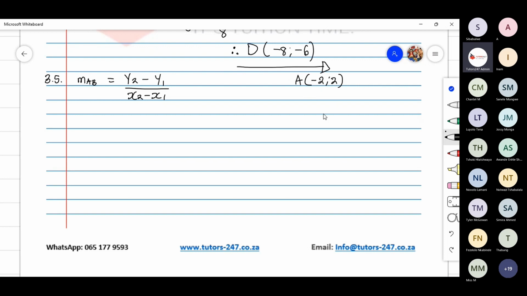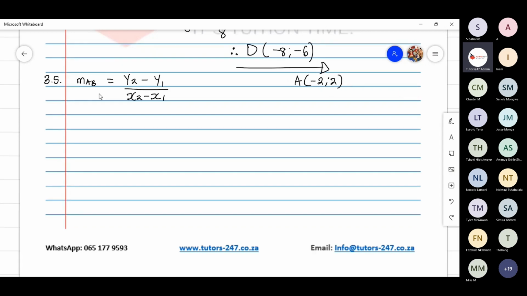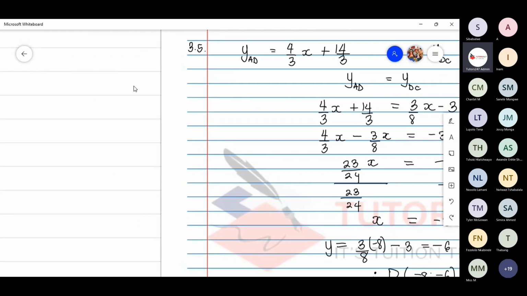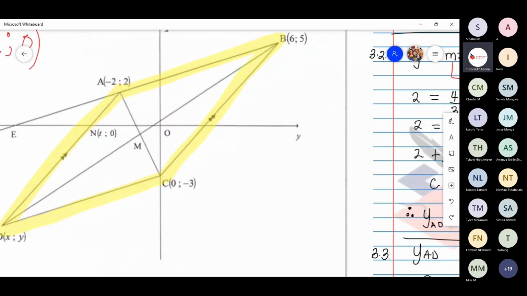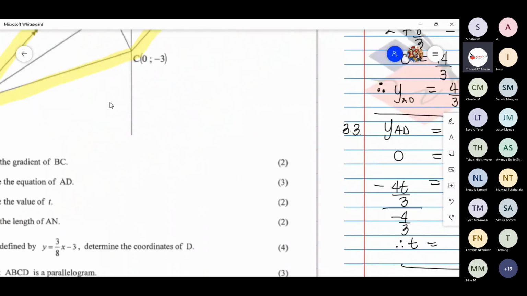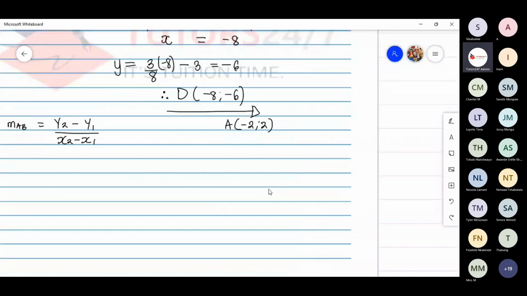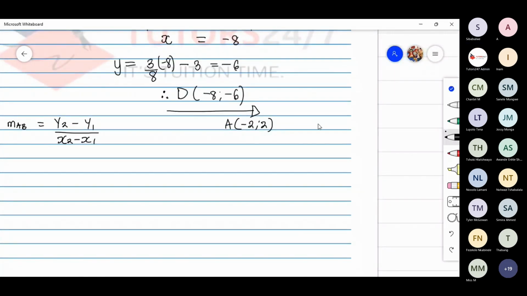The coordinates of B, allow me a moment to confirm. B is 6 and 5. So I'm going to make A my 1 values, so x1, y1. I'm going to make B my 2 values, so x2, y2.